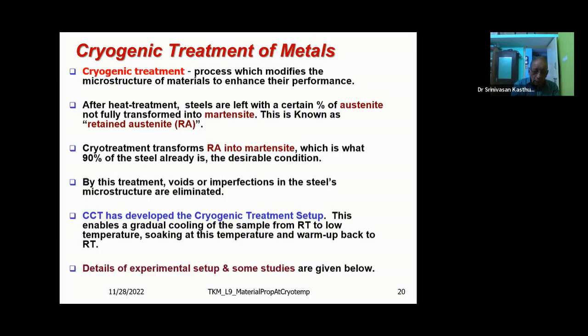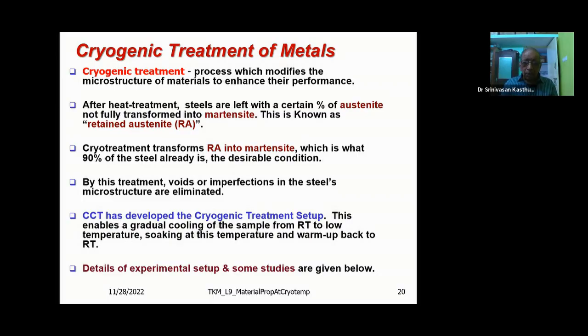If you do a cryogenic treatment, whatever is left over will also be transformed to martensite. Okay, so the material becomes very strong. What happens is during a cryogenic treatment, all the voids, imperfections, etc., in the steel microstructure get eliminated.